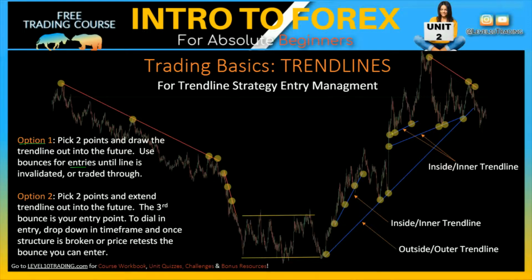So the other option, which is the one I'm more familiar with, is the one that if I was going to trade a strategy off of trend lines, I would probably base most of it on.